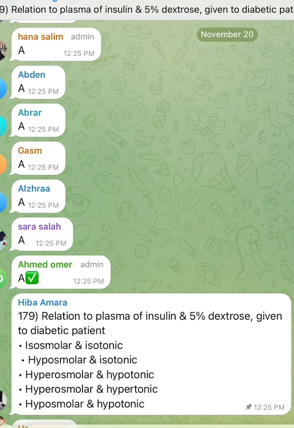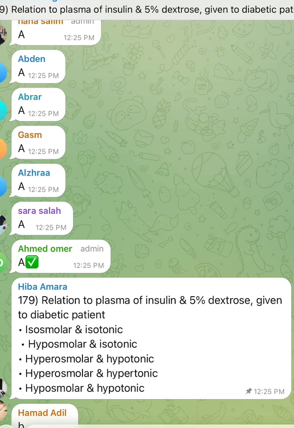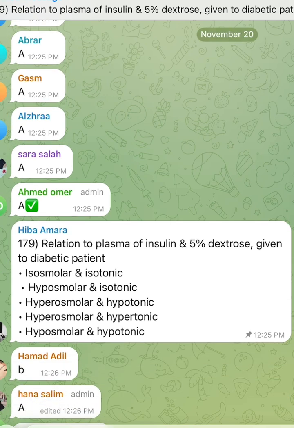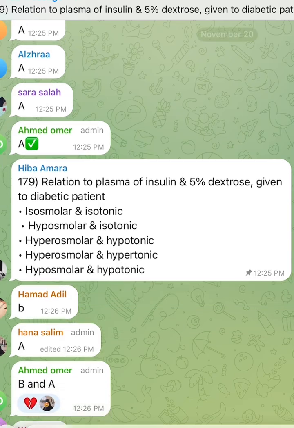Relation to plasma of insulin and 5% dextrose given to the patient. Hypoosmolar, isoosmolar hypotonic. Hypoosmolar, isotonic.